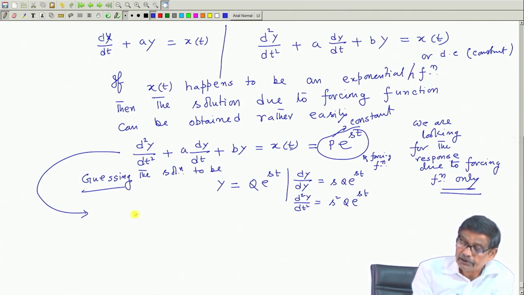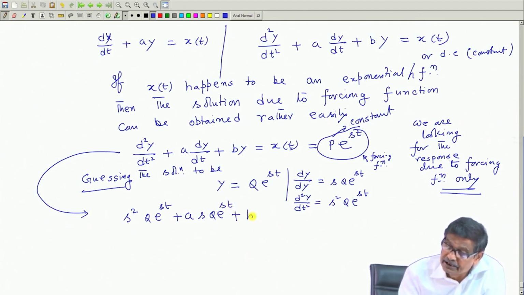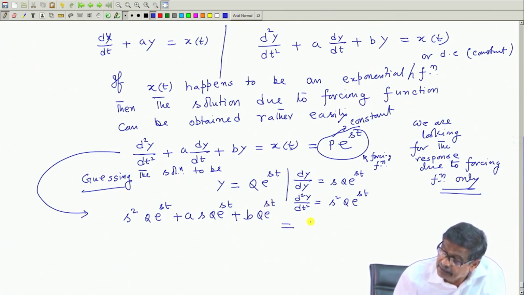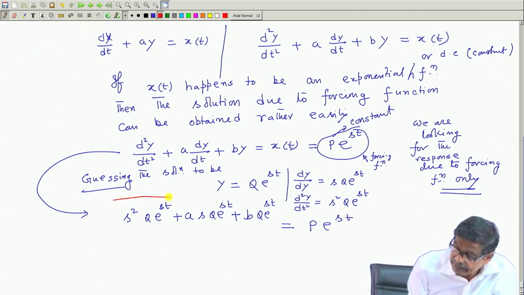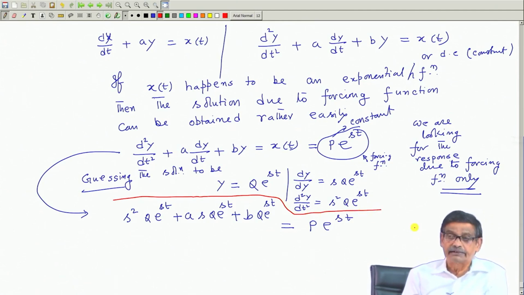What you will get is s square q into e to the power s t, that is the first term, plus a times dy dt, which is s q e to the power s t, plus b times y, which is q e to the power s t. And on the right hand side, I have p into e to the power s t, is it not? This is the equation I will get.